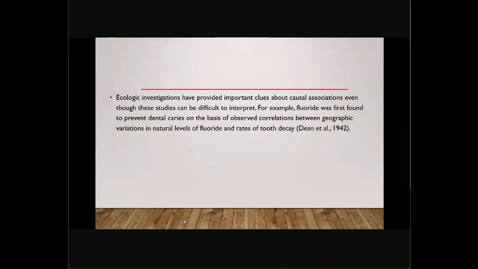And this was just on the basis of observation. It was observed that in some areas where fluoride was found in their soil, people from that area never ever developed tooth decay.